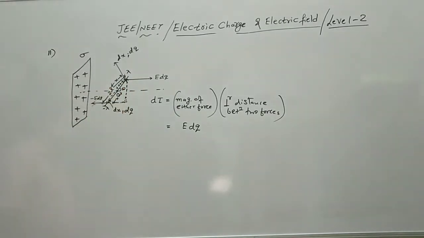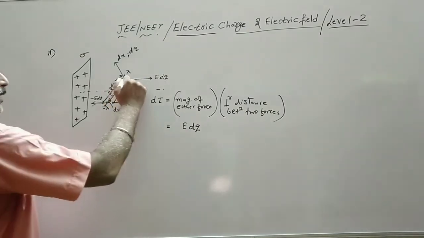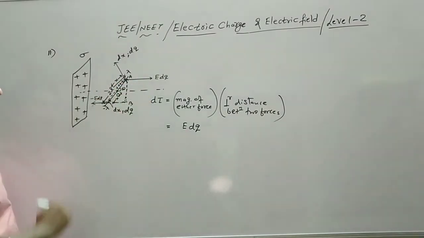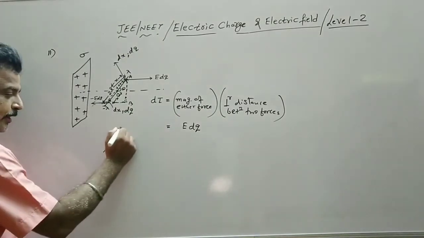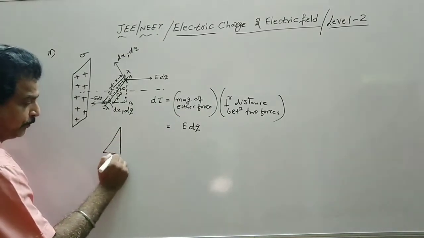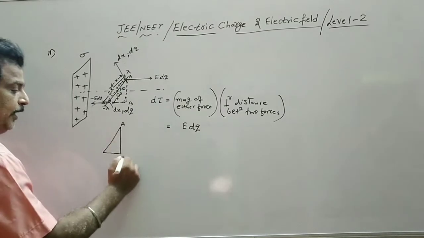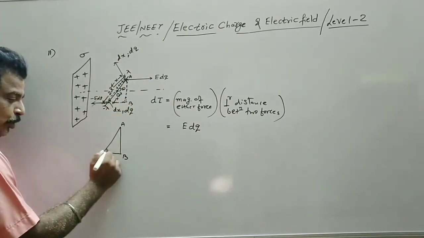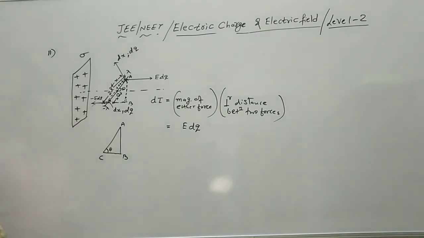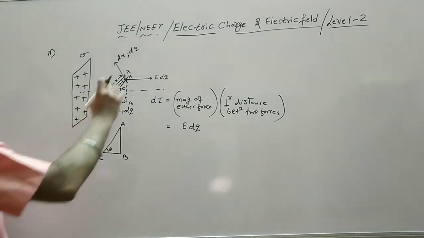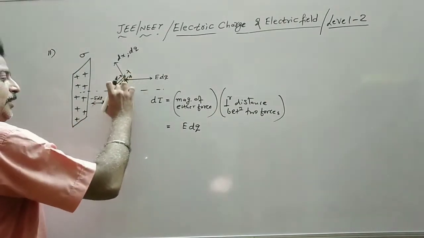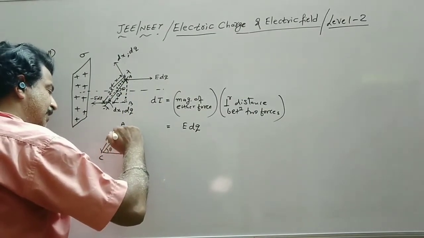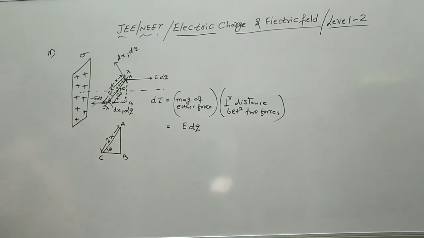So let us name this triangle as A, B and C. Now if I draw this triangle here, that is A, B, C, this angle is theta, so this angle is also theta. We have taken two elements, one at x distance, the other at x distance. So the total distance between the two elements is 2x.